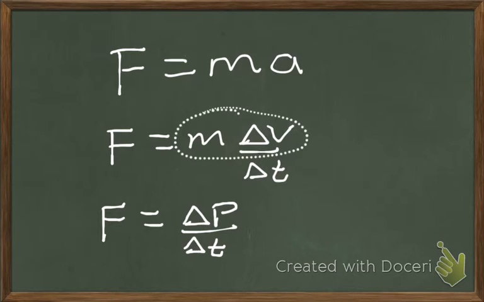Right now, if you're an AP Physics 1 student, ignore the next few sentences when I talk about calculus. But AP Physics C, here's where the calculus comes in. We've got delta P over delta T, so we have some change in momentum, some change in time. The delta means an average.